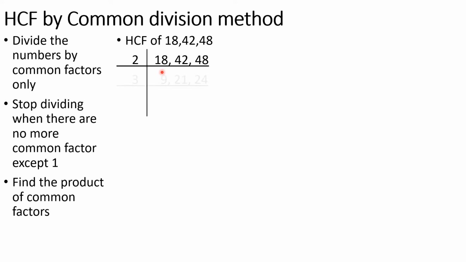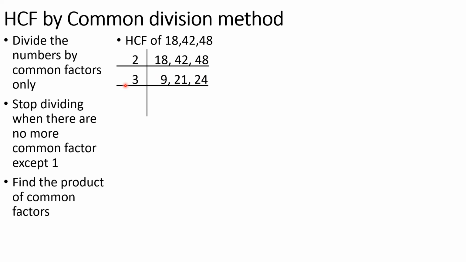Now 2 9s are 18, 2 21s are 42 and 2 24s are 48. So these are the quotients for these numbers. Now let us check. All these three numbers are not divisible by 2 because 9 and 21 are not divisible by 2. So 2 is not a common factor for this. Let us check 3. Yes, 3 3s are 9, 3 7s are 21, 3 8s are 24. So 3 is a common factor.